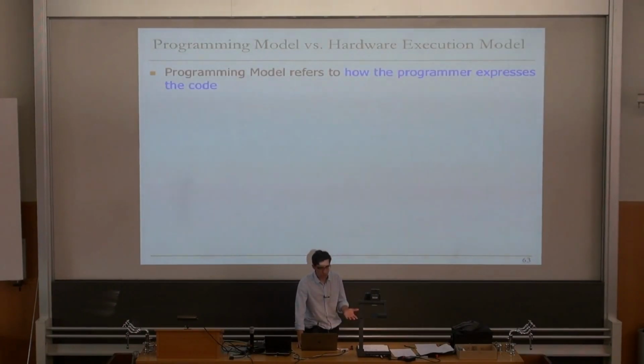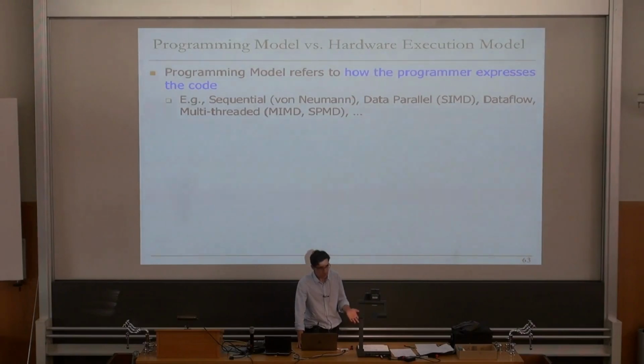What is the programming model? It refers to the way the programmer expresses the code. For example, you as a programmer can write sequential code, or can write some data parallel code, for example in the form of SIMD instructions, or can write data flow or some kind of multi-threaded code with maybe OpenMP or maybe Pthreads in order for execution on a SIMD machine.